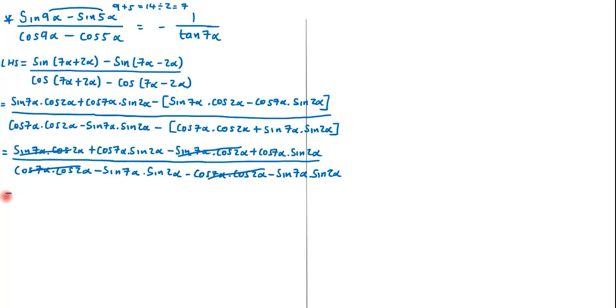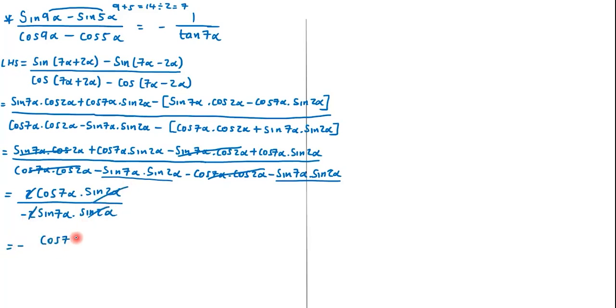Then here this plus that, it gives me 2 cos 7 alpha times sine 2 alpha over, and then here this minus with this minus, they add up to minus 2 sine 7 alpha times sine 2 alpha. So this cancels with that and this cancels with that, and I'm left with minus cos 7 alpha over sine 7 alpha.